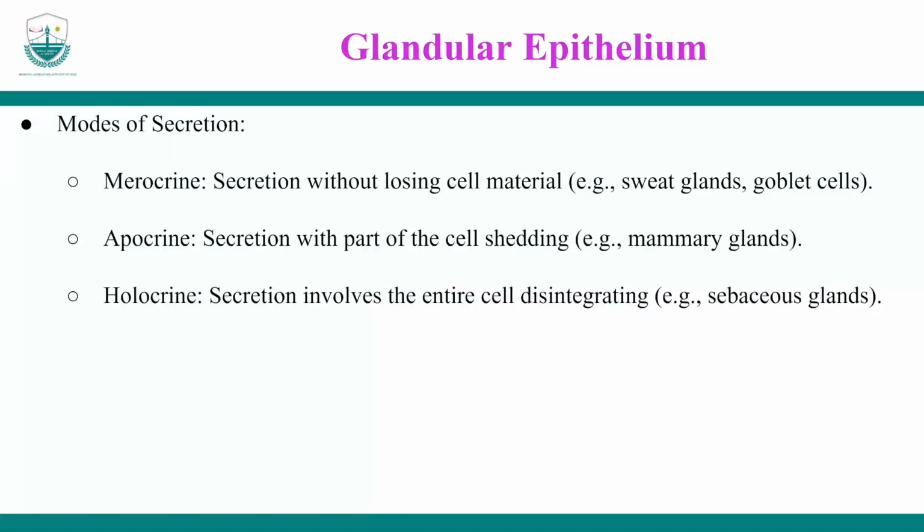So what is the nature of the secretion? These are the different modes of secretion, in relation to what happens to the cellular components when the secretions are released. Merocrine is where you have secretion without losing cell material or cell components.